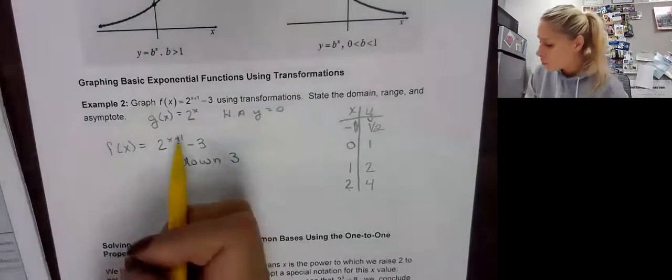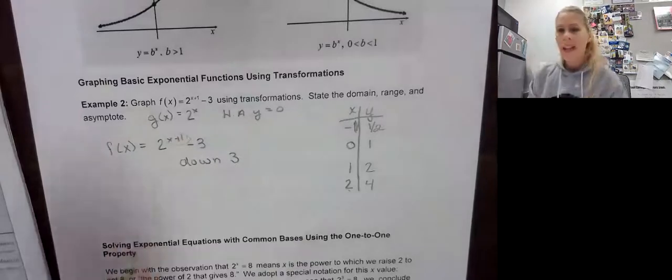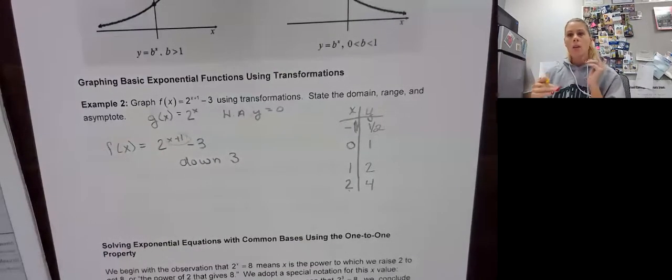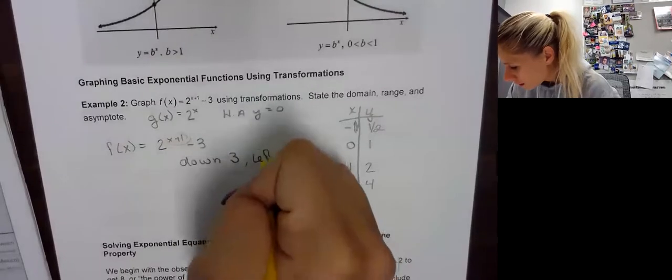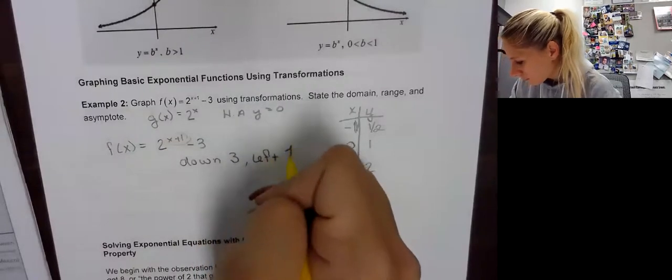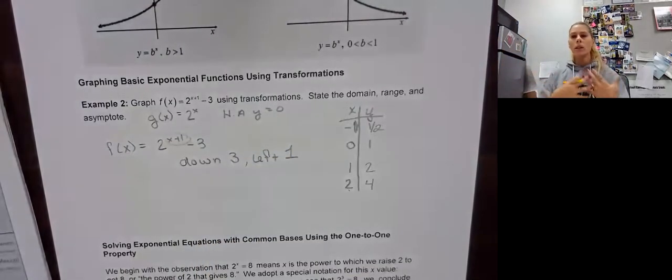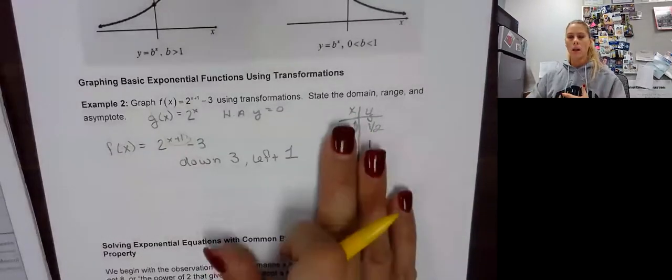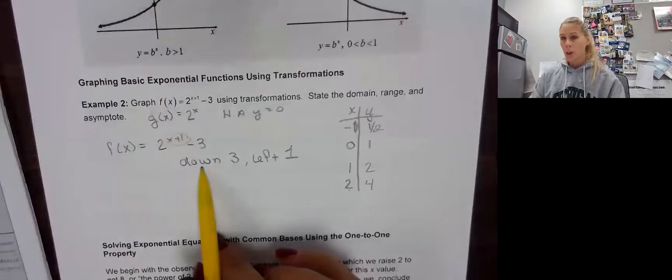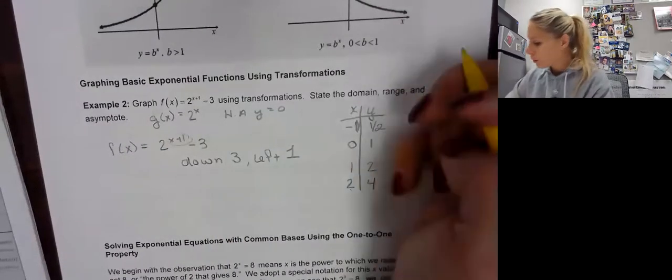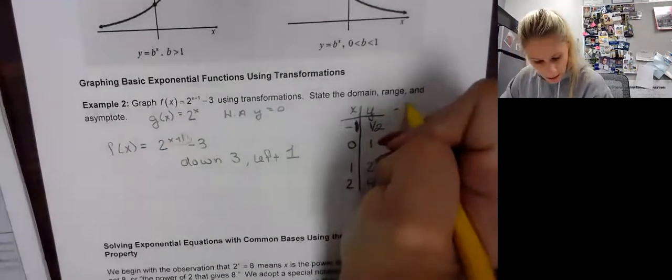And then here, when it's done to x, that is like your inside stuff. So plus 1, we have to think of the opposite movement. So it's going to be left 1. Okay. So how do we interpret that on a table? Remember, down and vertical stretches we do to y. So I'm going to subtract 3.